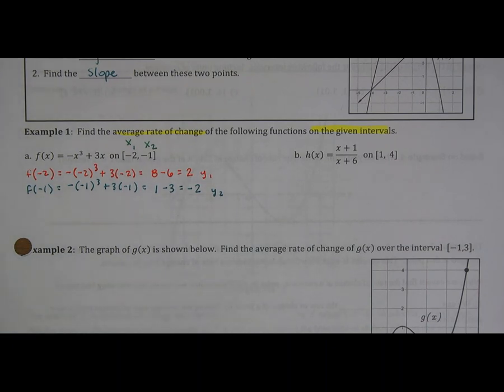And you should have an output value, a y2 value of negative 2. Now and only now are we able to figure out what is the average rate of change on this interval, because we have 2 input values, 2 output values.